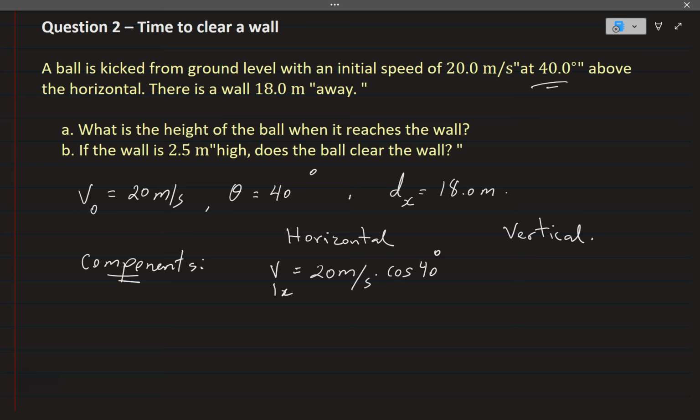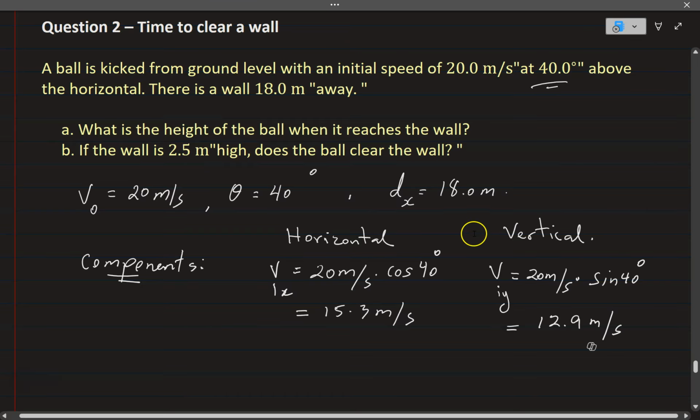I am hoping that by this example, you already know how I got that. It's 15.3 meters per second. For the vertical, we're going to use the sine ratio with the resultant vector, which is v_iy. That will be 20 meters per second times sine of 40 degrees, and the answer here will be 12.9 meters per second.